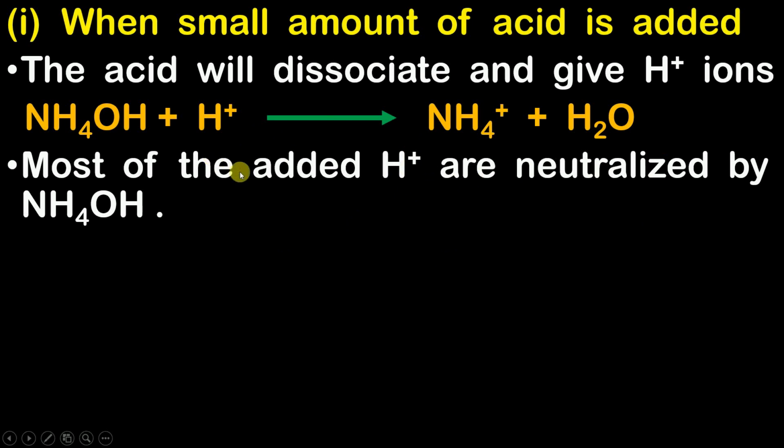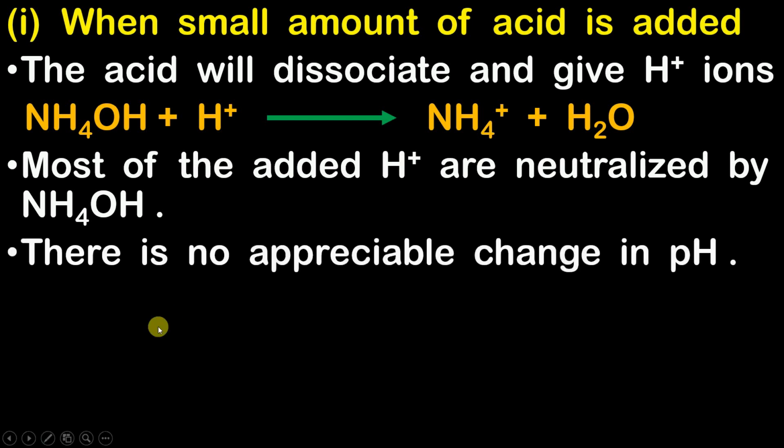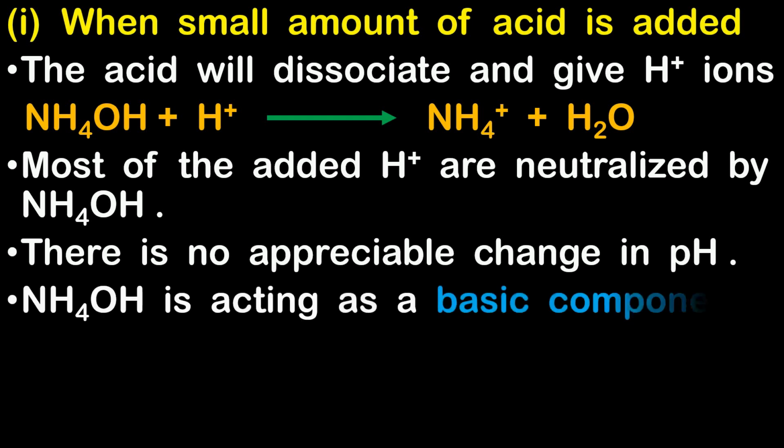Due to this, the molar concentration of H plus ions is not going to increase in the solution, and there is no appreciable change in pH, because the extra H plus ions added by the acid are getting consumed by NH4OH. Can I say that NH4OH is acting as a basic component? Why is it acting as a basic component? Because it is not allowing the H plus ions to change the pH value.